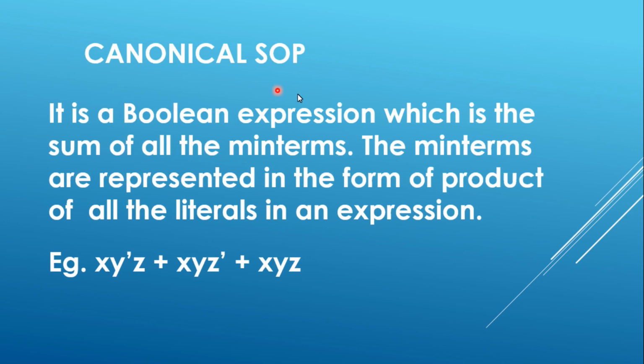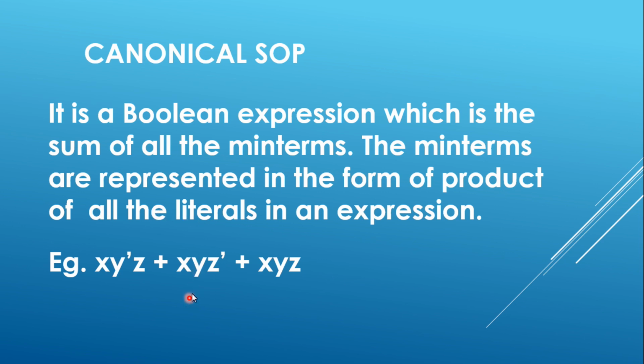Now, canonical SOP expression. What is that? It is a Boolean expression which is the sum of all the min terms. So we know an SOP expression is the sum of the product terms. But when those product terms are the min terms, the sum of the min terms, it is known as canonical SOP expression.